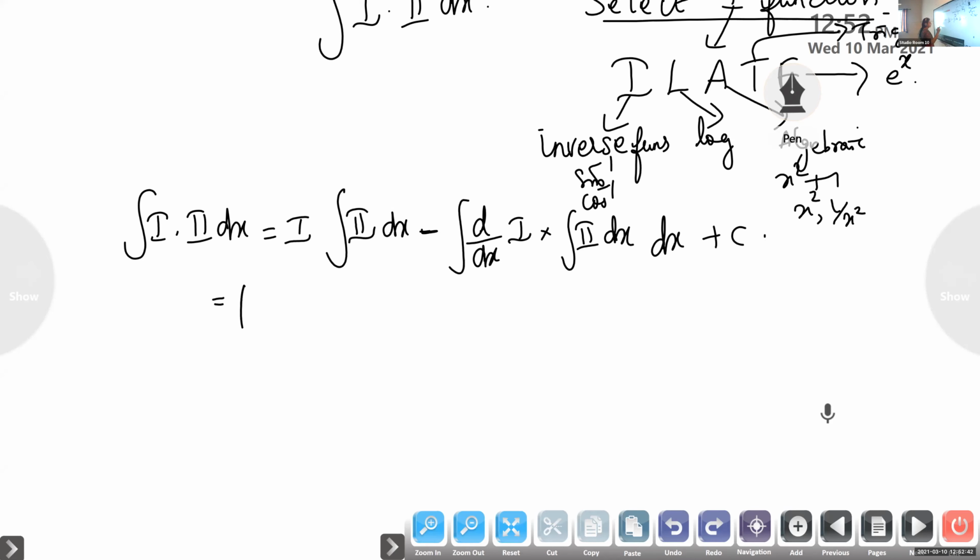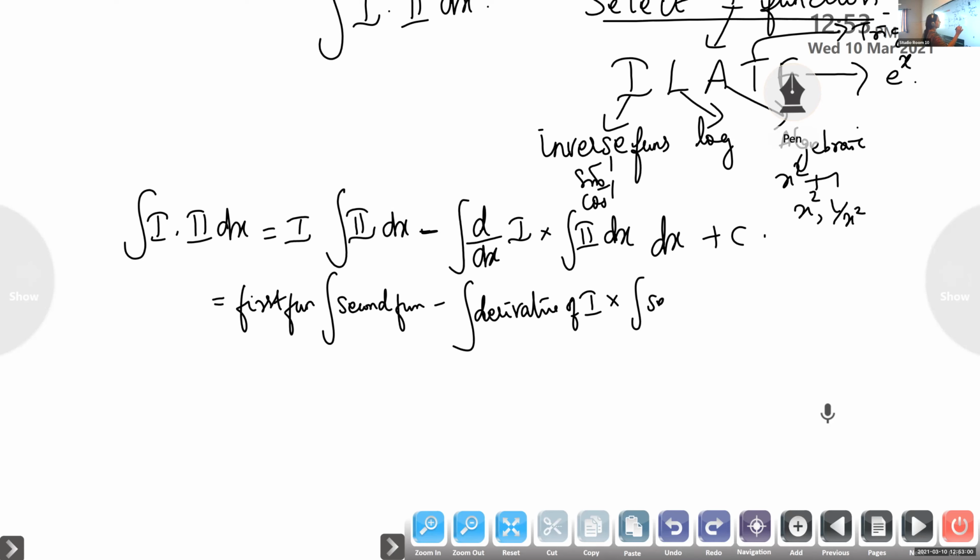What is it? First function, integral of second function, minus integral of derivative of first function into integral of second function into dx plus c. Okay, ILATE rule is there.